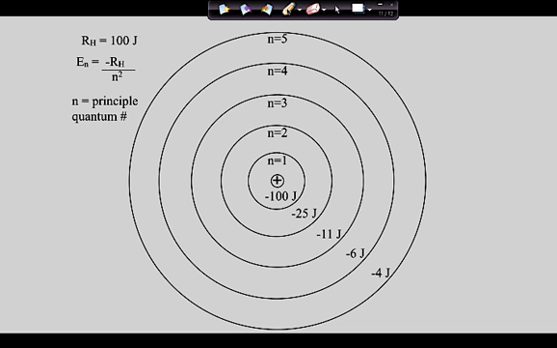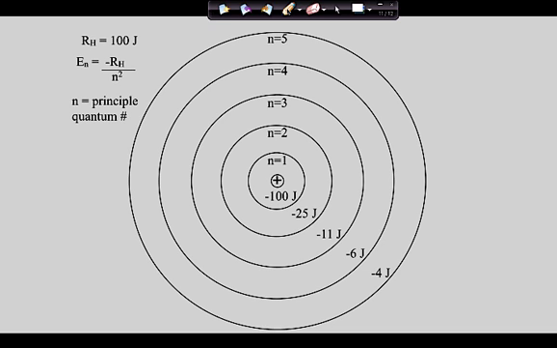That's why it's negative. Understand that this negative sign is just an arbitrary directional thought. But the reason that it has to be negative is because the most energy an electron can have is none.